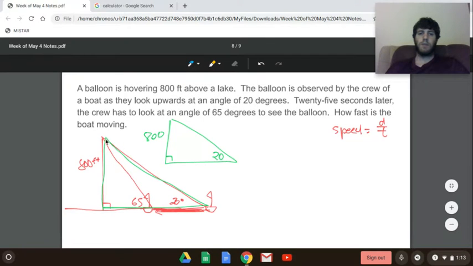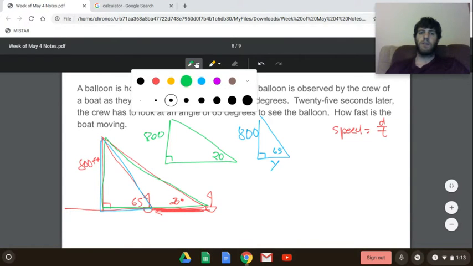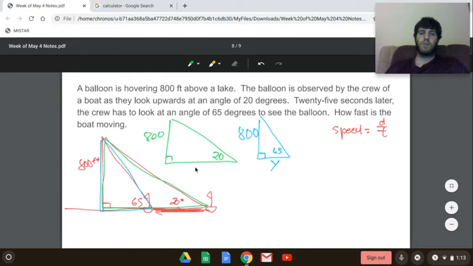Now we can draw the smaller one. Okay, same height. Base is smaller, and this time the angle is 65 degrees. Okay, and then just like before, we want to find the two bases of our two individual triangles.